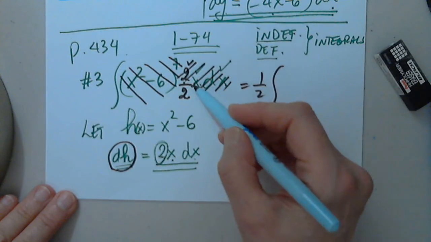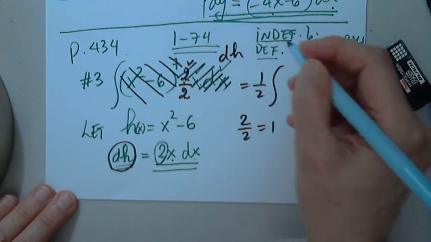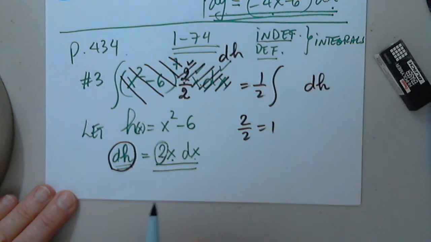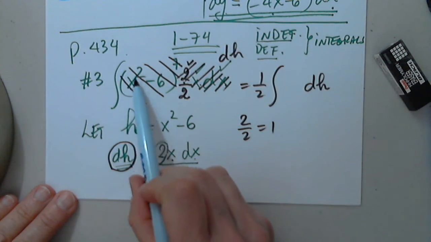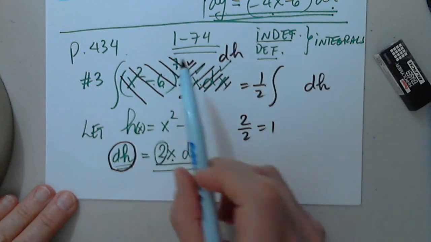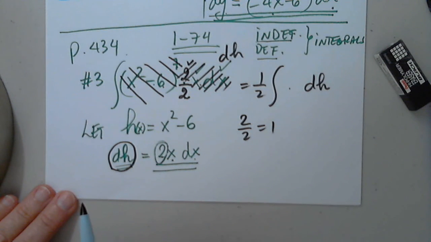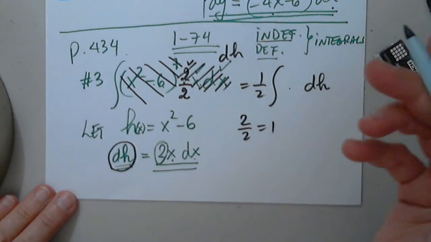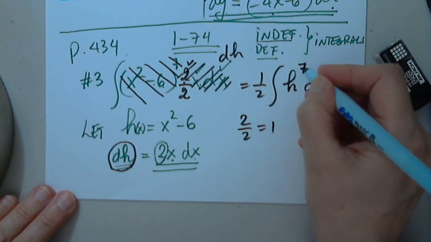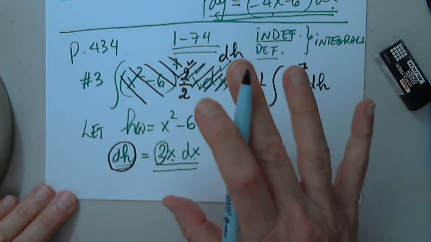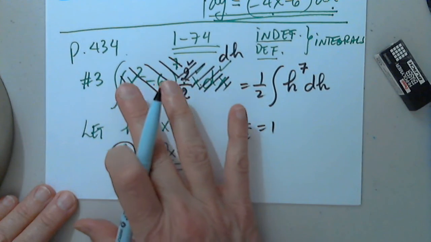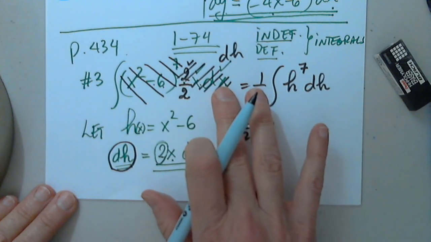I know that this piece is dh. But what do I replace x squared minus 6 to the 7th power by? Is it h to the 7th? That's it. Notice one thing. This integral had x in it.